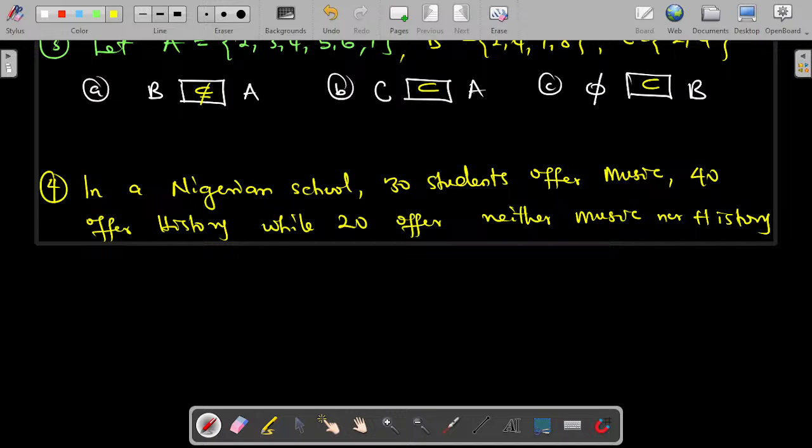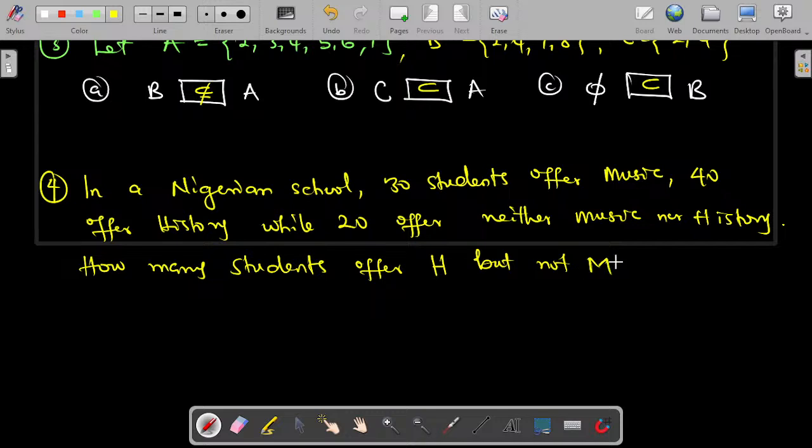So it asks how many students offer history, let me use H for history, but not music, let me use M for music, if there are 80 students in the school.